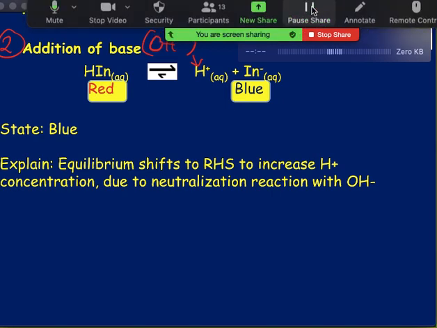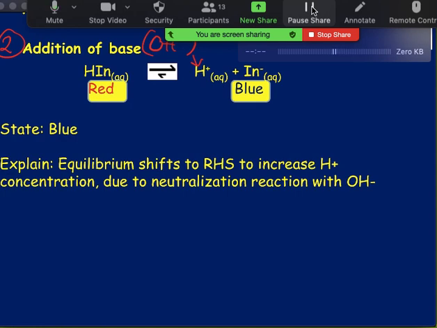Is there any question on that? When you're adding acid, in the equation the H+ is the acid. Yep. Is it the HIn that's the base? No. If we go back, HIn would be the conjugate base.